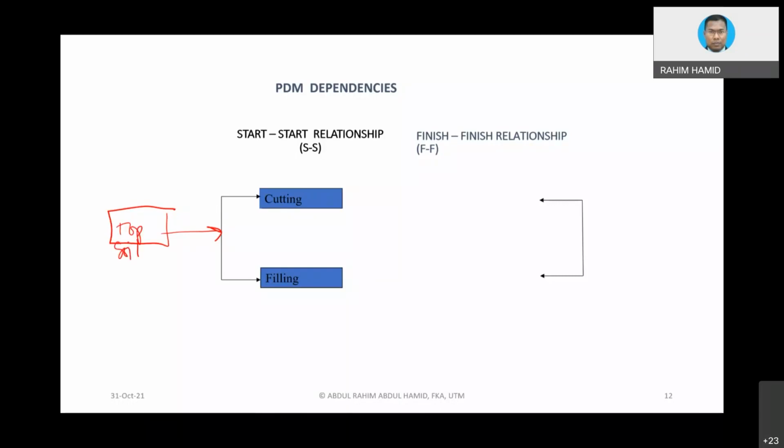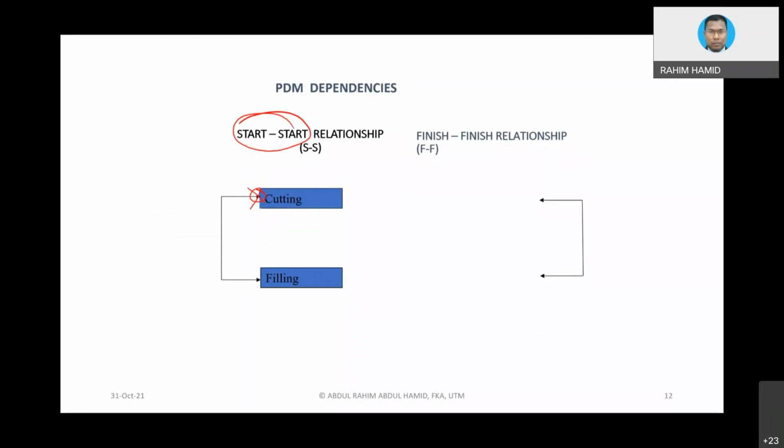Okay, I can do this. But if, for instance, these two activities are the starting activities, I should basically delete the arrowhead. So the tail will be coming from cutting and then go into filling. But the most important thing, basically, they do start at the same time. So that's what the relationship basically indicates.